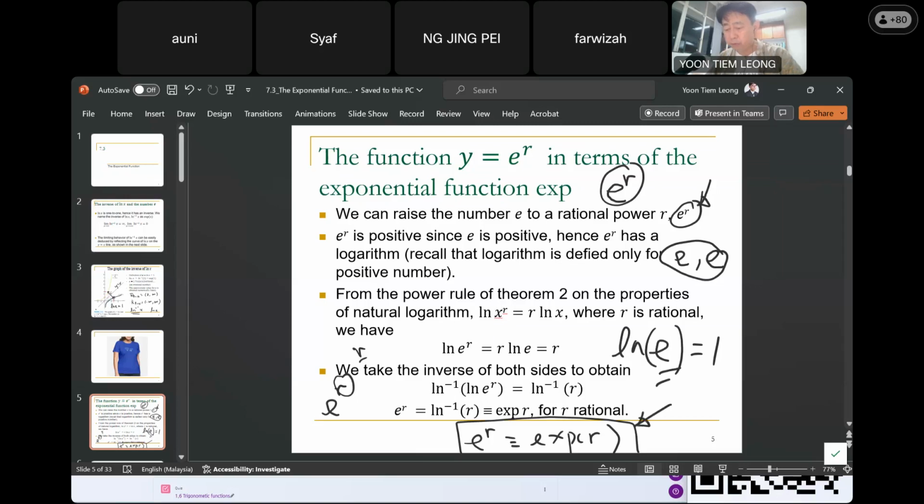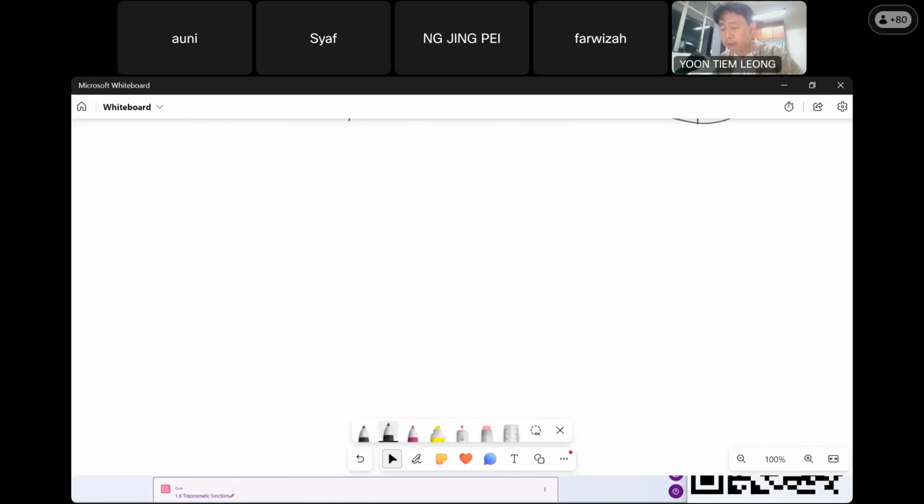However, I want to stress that this is not really a formula for you to memorize. As I said again, in the argument here, we ask what is the value of e raised to the power of r, and the value of e power r is assigned as the value of the exponential of r.